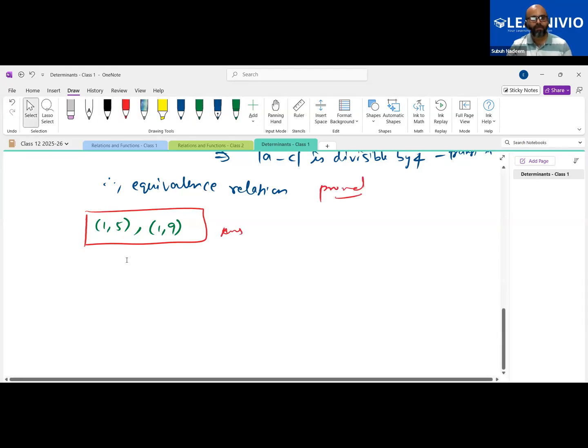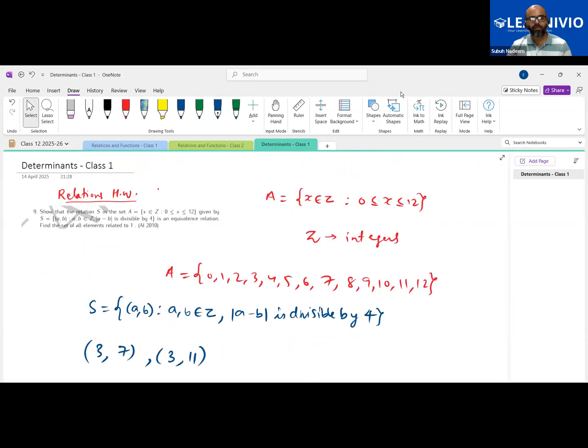So I hope you are getting it. Is it okay, Ali? If you have not understood any step, you can ask. Okay, you can write it down. And I think you want to start determinants today, right? First write this down, then we will start. Okay, matrices you want to start. Okay, fine, we will start matrices. So let me change the name here.